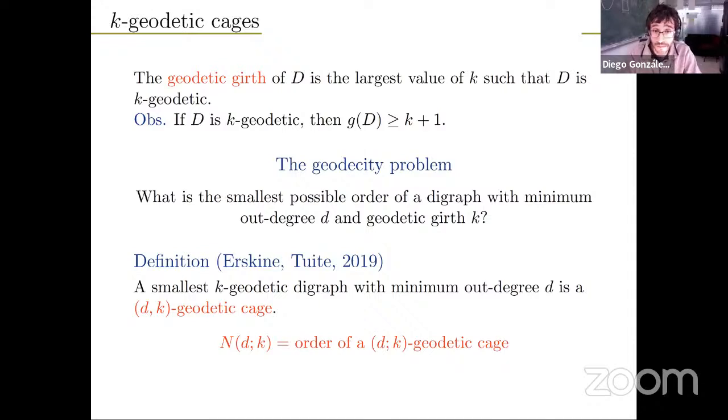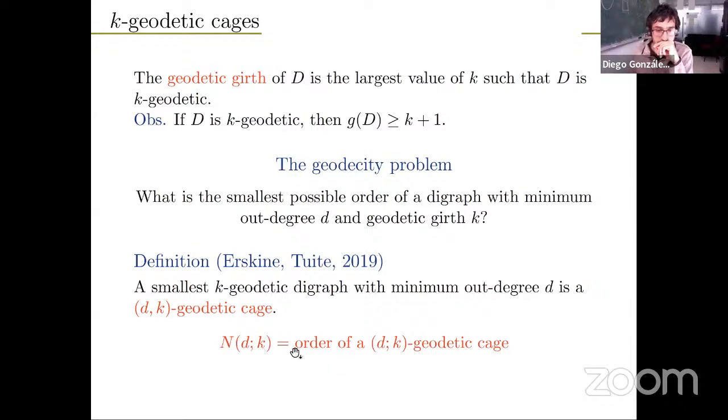That is to find the smallest possible order of a digraph with minimum out-degree d and geodetic girth k. And Araujo and Tuite recently, in 2019, defined the (d,k)-geodetic cages as a k-geodetic digraph with minimum out-degree d and the smallest possible order.